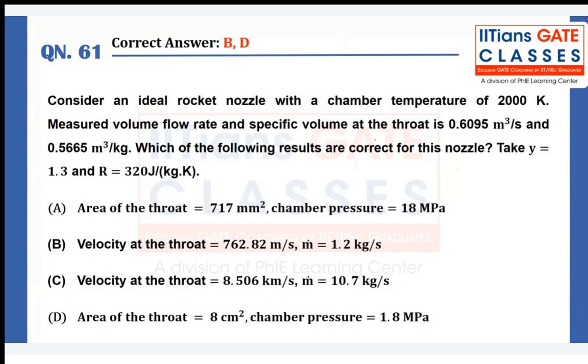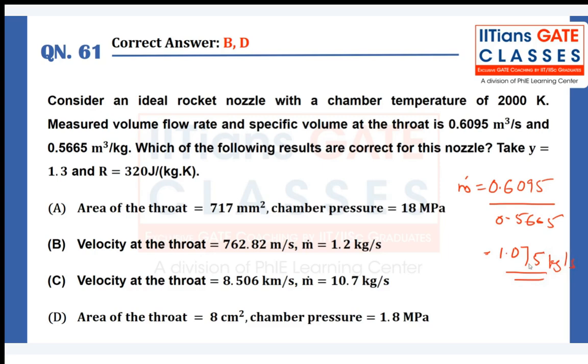So from the volume flow rate and the specific volume at the throat, we can identify the mass flow rate of the propellant. m dot can be defined as 0.6095 by 0.5665. If you compute, this comes around 1.075 kgs per second. This is the mass flow rate.